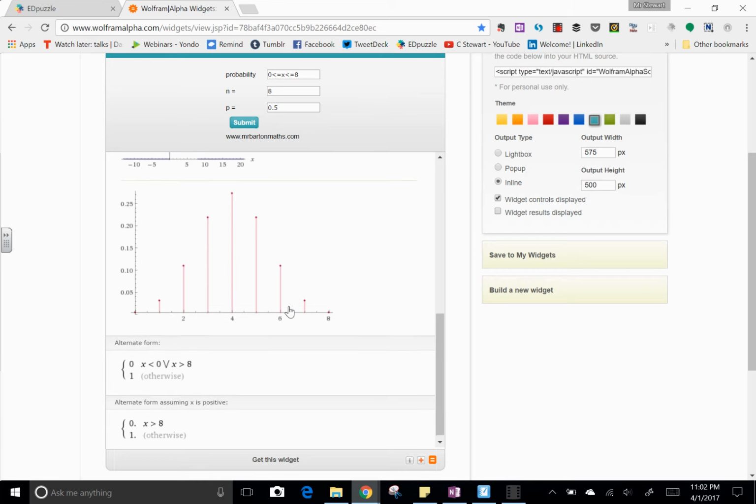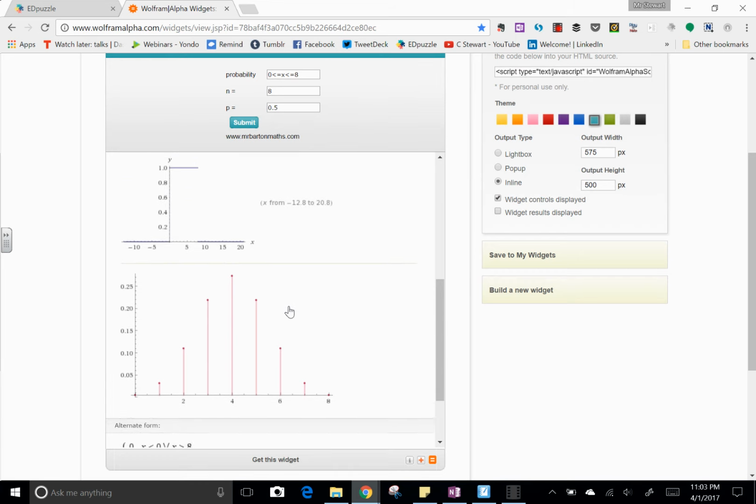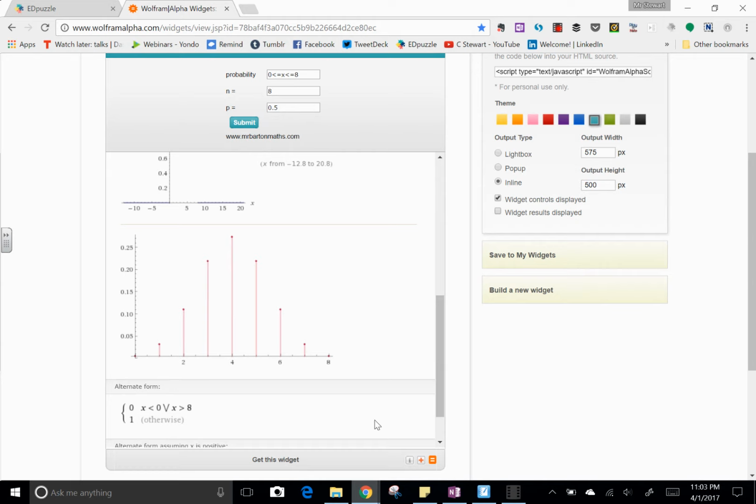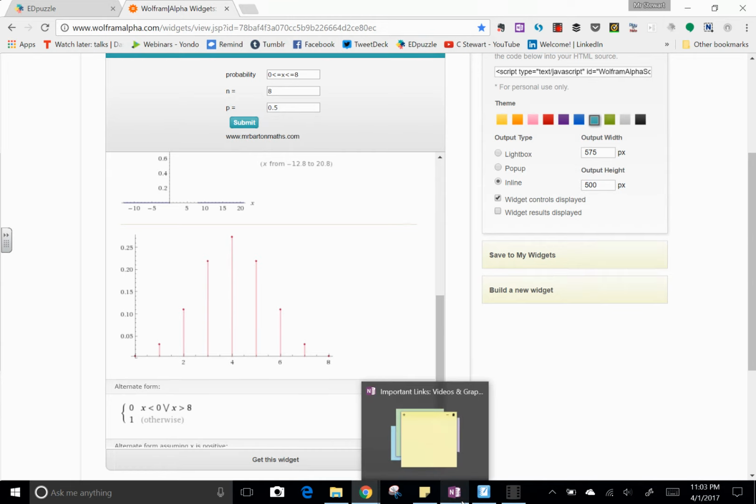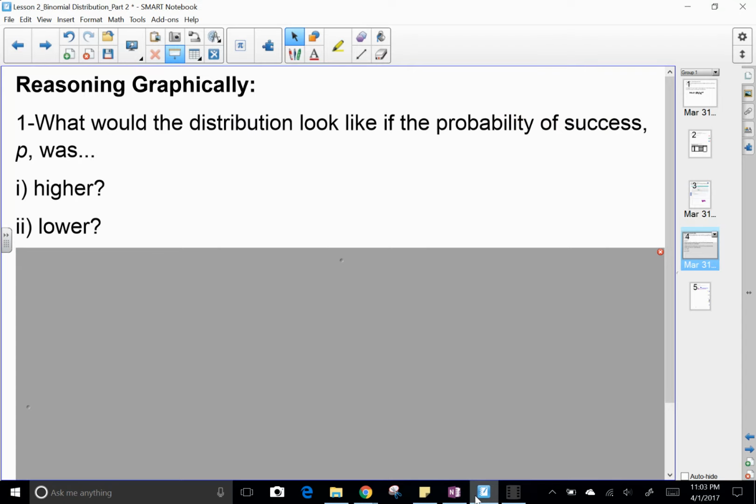What we'll do now is explore what happens when, as indicated in the problem, we choose p-values that are higher or lower. And I would really encourage you to also anticipate, to make a prediction as to what you think it would look like.